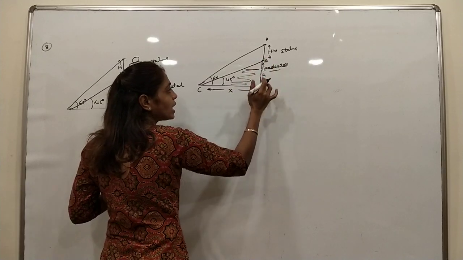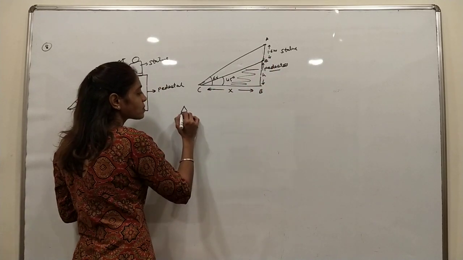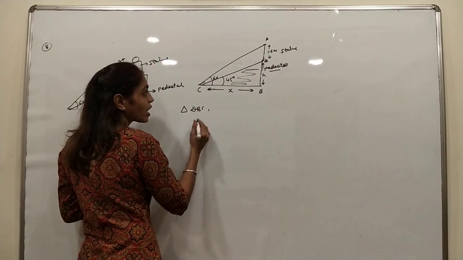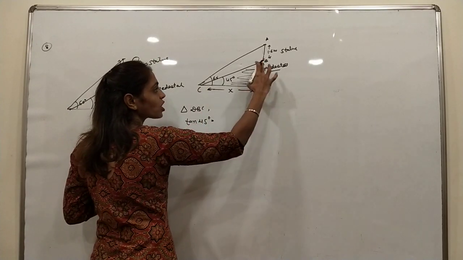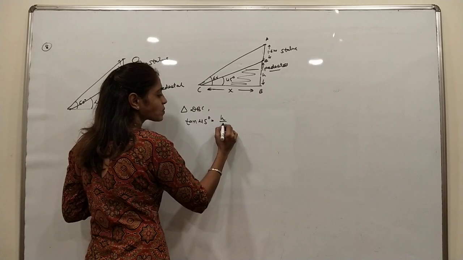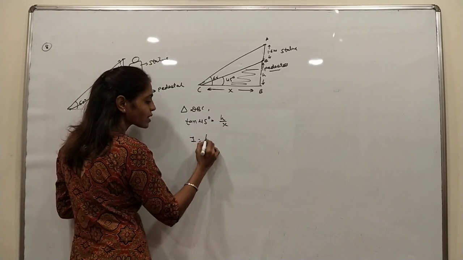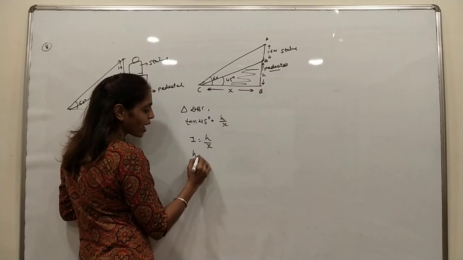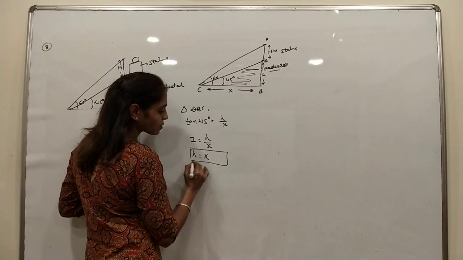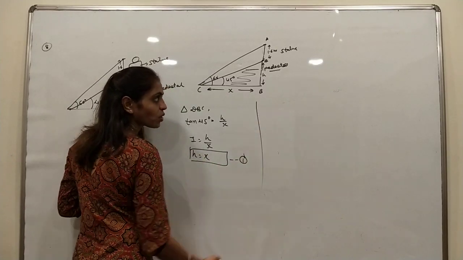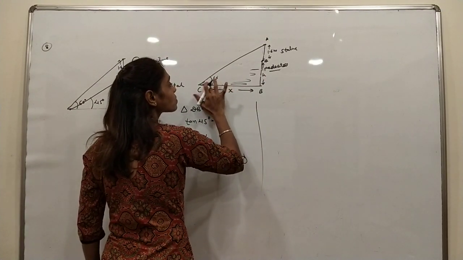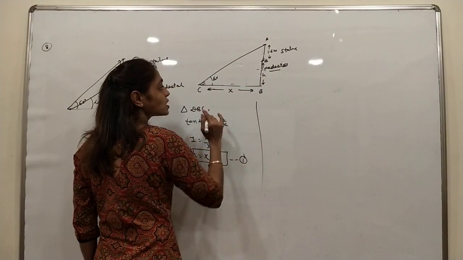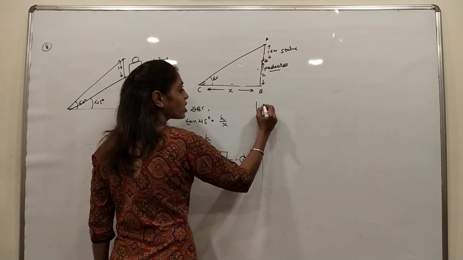In triangle DBC, tan 45 is h upon x. Tan 45 is 1, so 1 is h upon x. So h is equal to x, number 1. Now for another triangle, the 60 degree one means the big triangle. Tan 60 degree, triangle ABC.